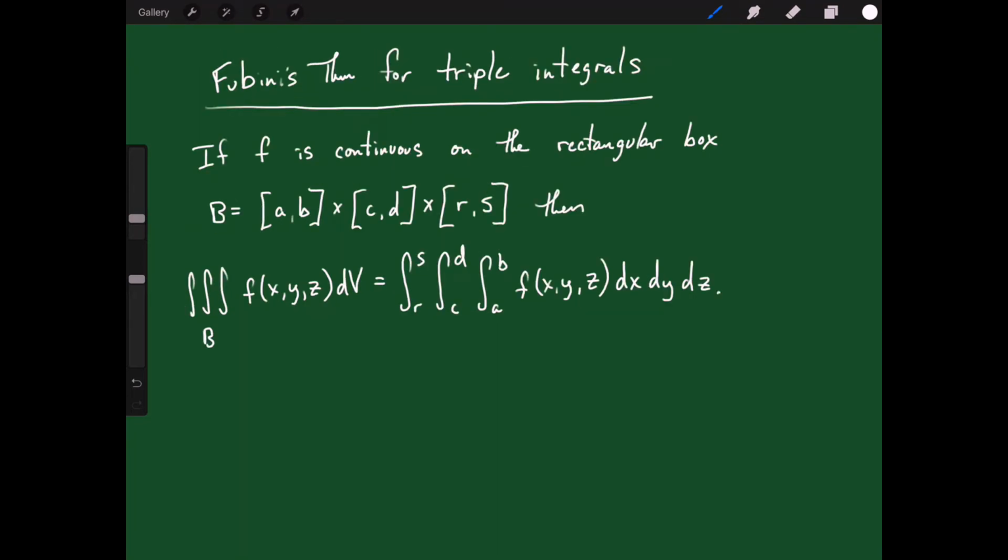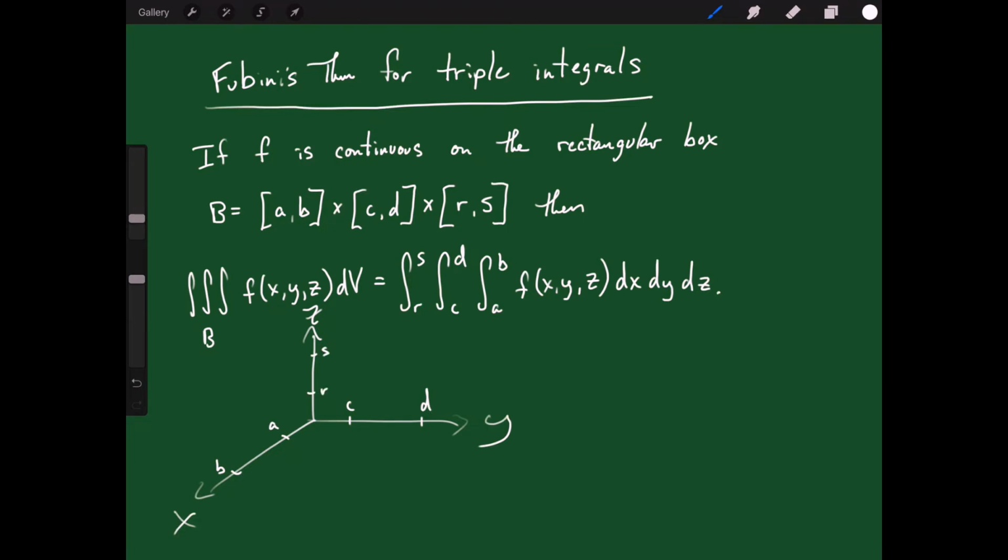Fubini's theorem says that if f is continuous on the rectangular box B, which is given in three dimensions, so here's my x, here's my y, and here is my z direction. So in the x direction we have a to b, in the y direction I have c to d, and in the z direction I have r to s.